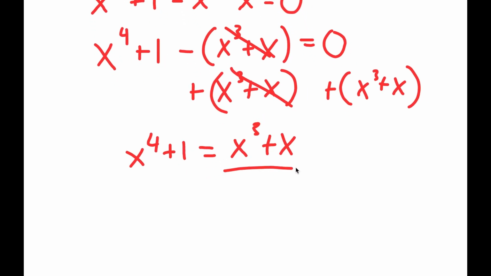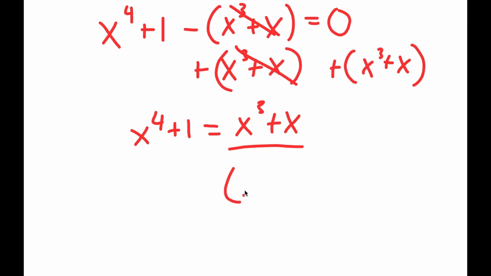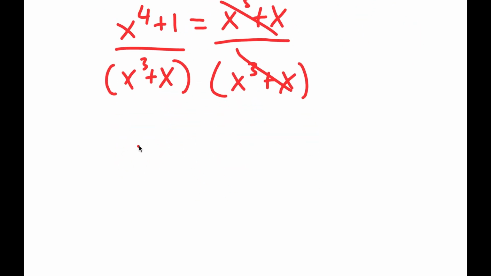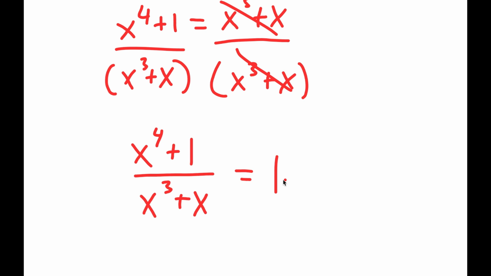Now, I'm going to divide both sides by x to the power of 3 plus x. So when these two cancel out, I get x to the power of 4 plus 1 over x to the power of 3 plus x is equal to 1.